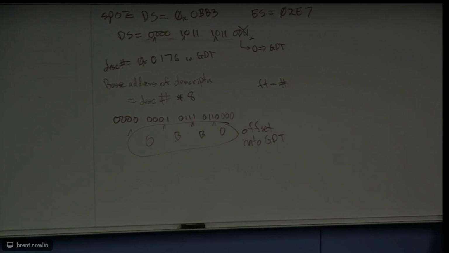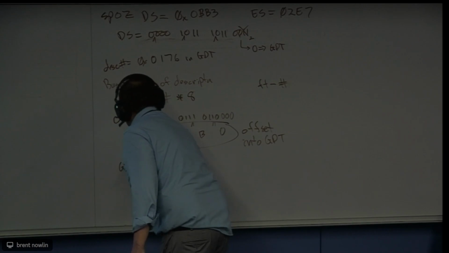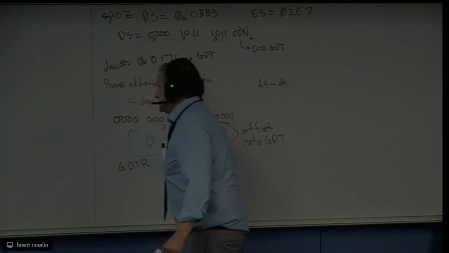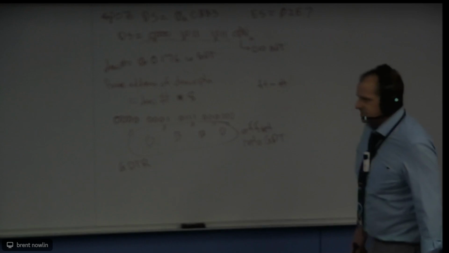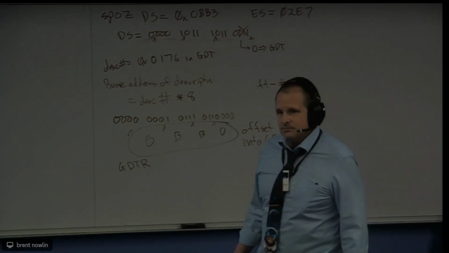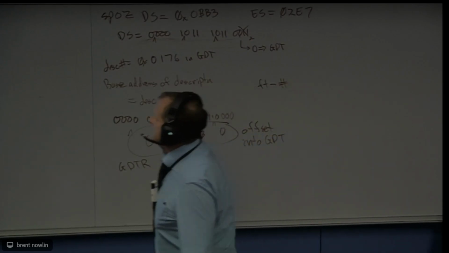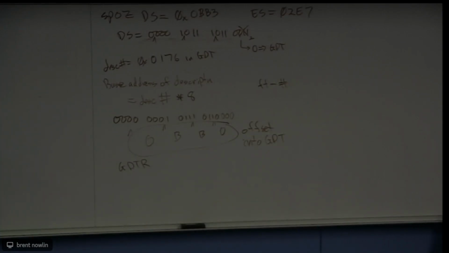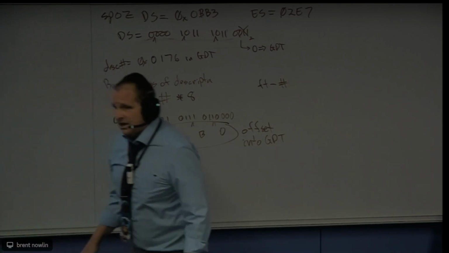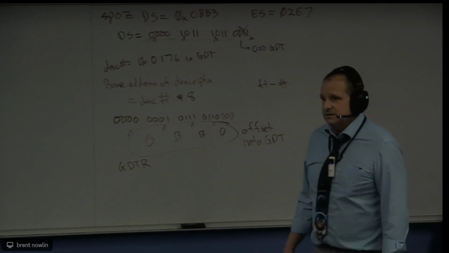Well, look at the top of the screen. The global descriptor table register, which has a format that I'm not going to bore you with, but the most significant 2 bytes matter, the least significant 2 bytes do not when it comes to locating the global descriptor table.